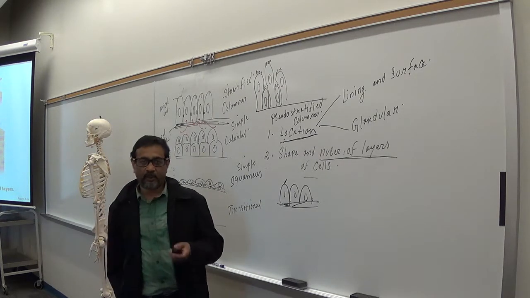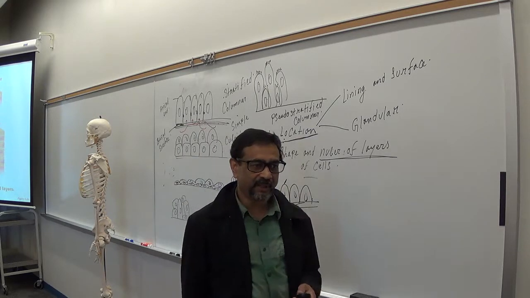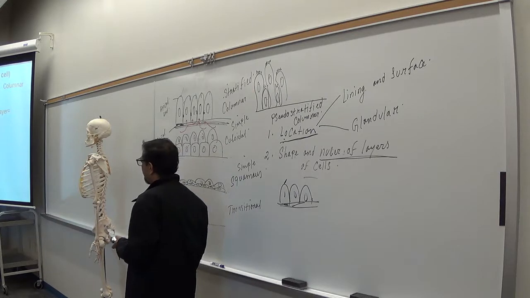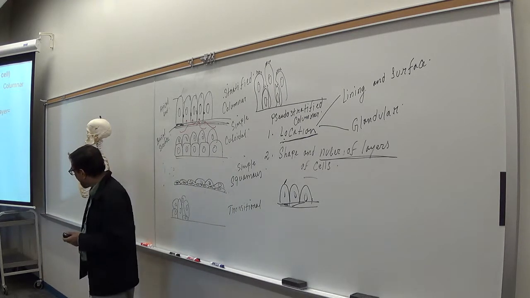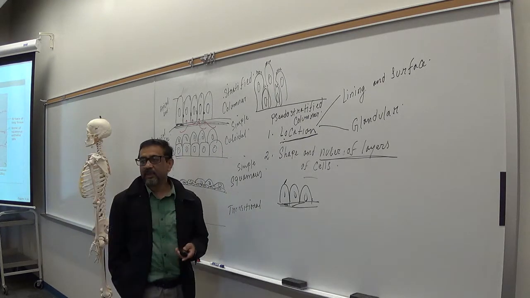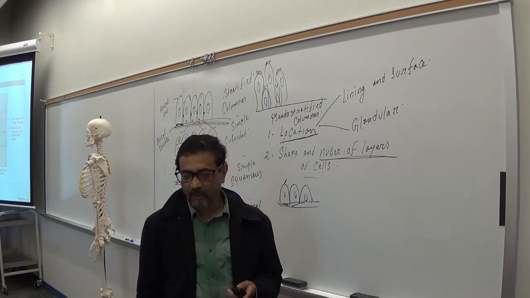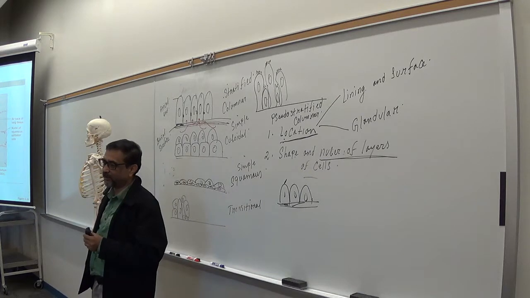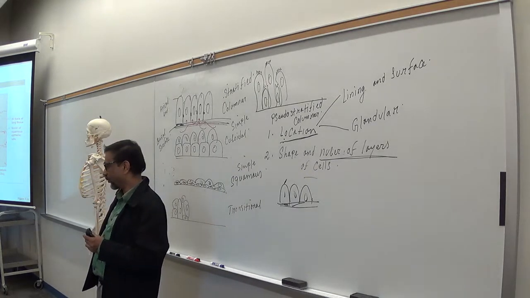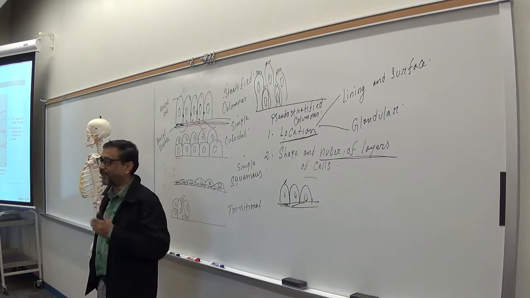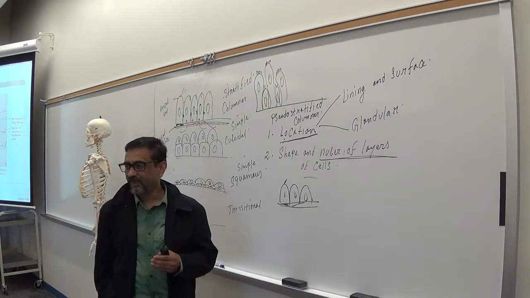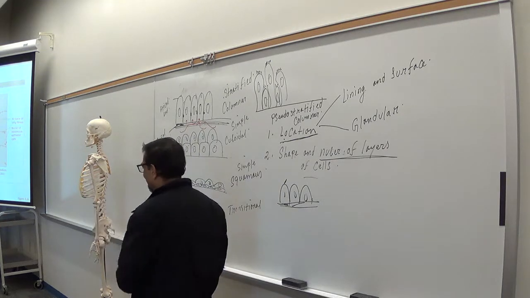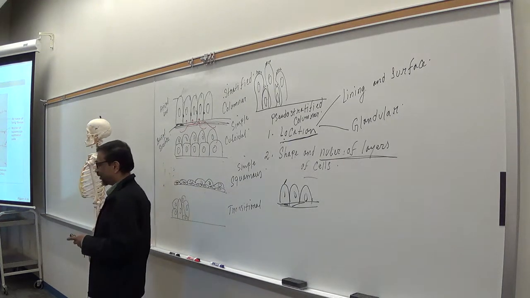I have already shown this one: simple and stratified, single layer, multiple layer, different shapes. You already know. Now, in the next few slides, I'll go over different types of epithelial tissue under the microscope, that means how they look under the microscope.